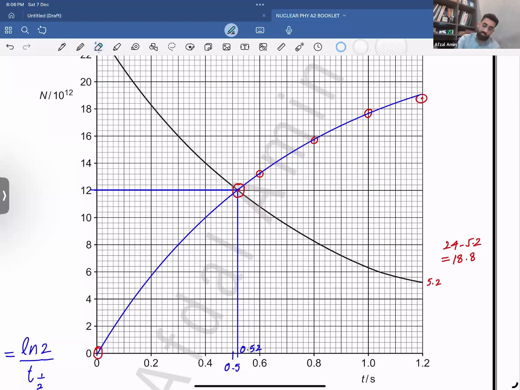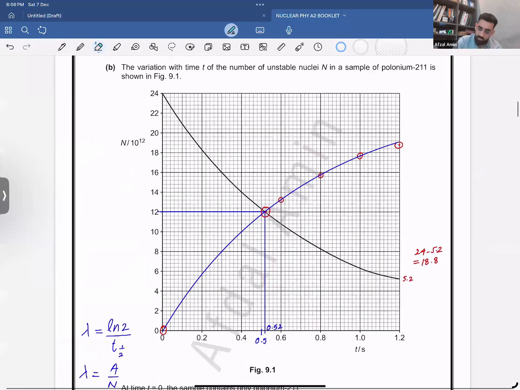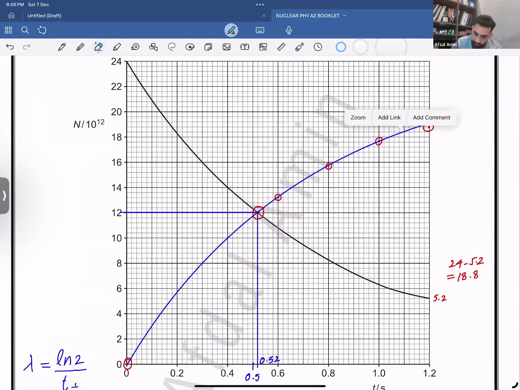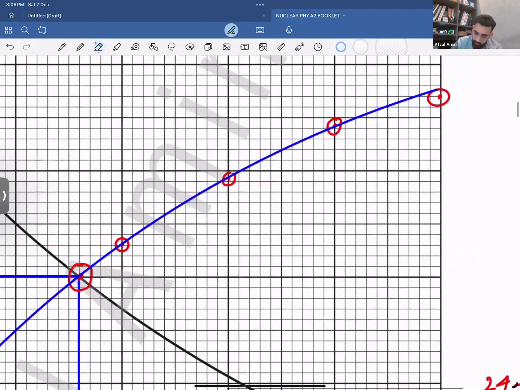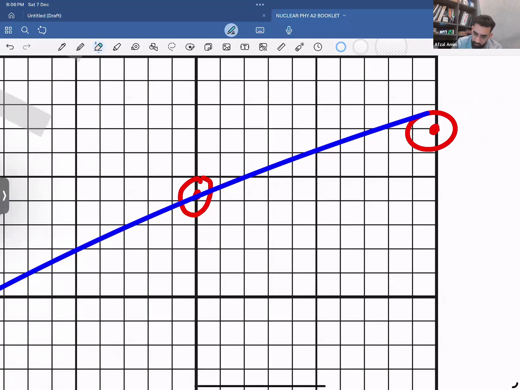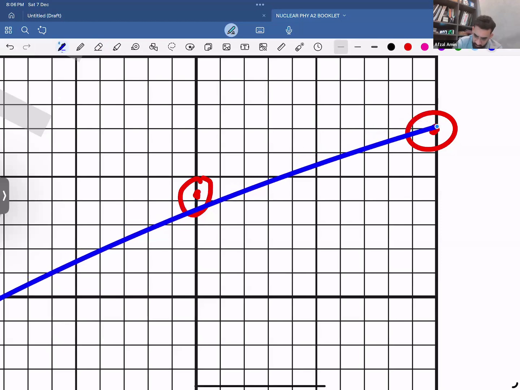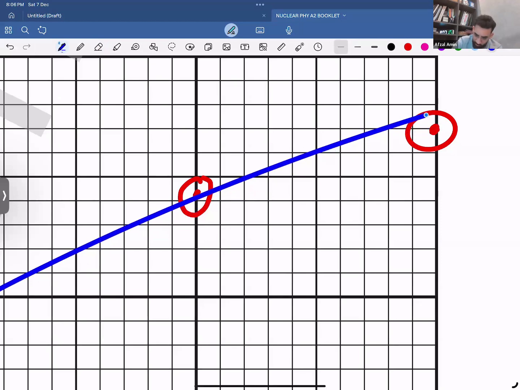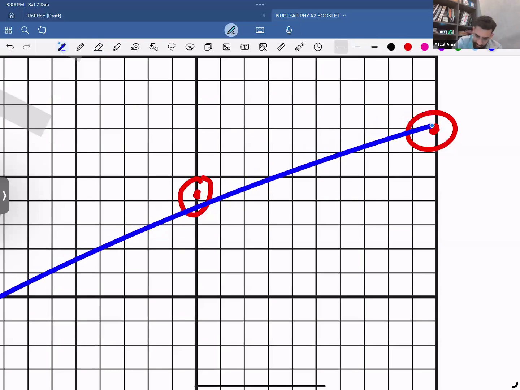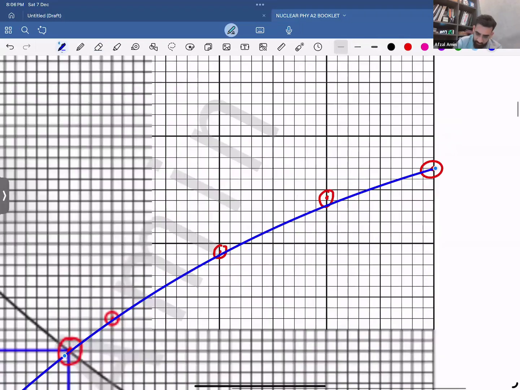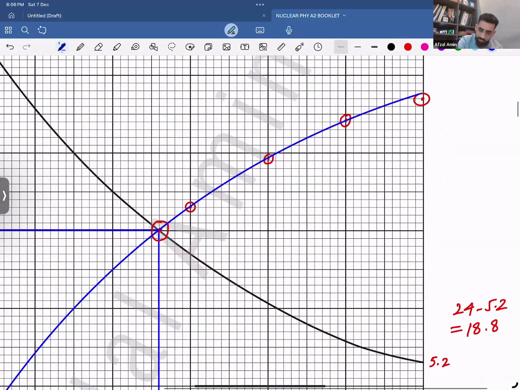All are good except the last point of my graph. Why can't I select it? I will do it again.